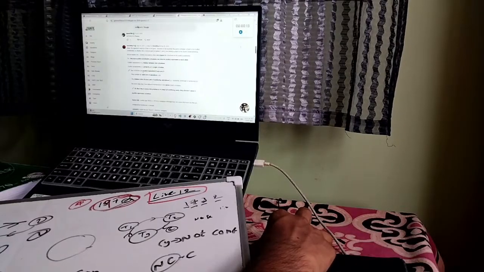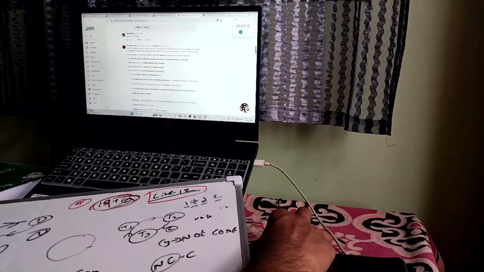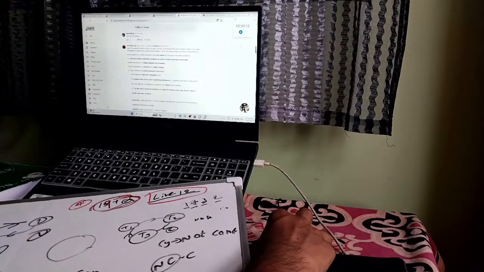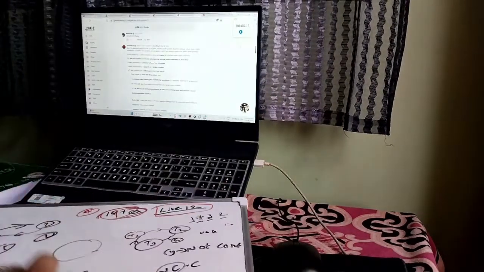Two schedules are conflict equivalent if they contain the same set of operations and the relative order of conflicting pairs.